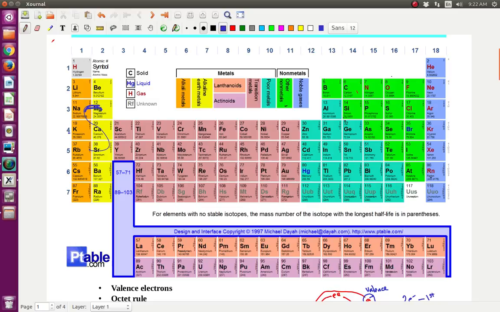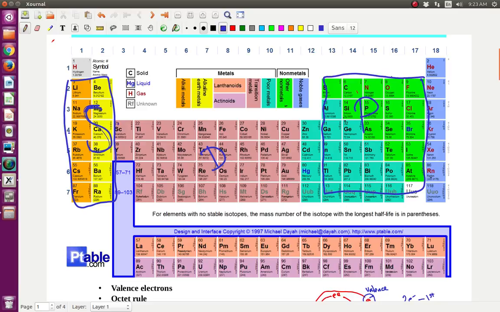The P block is over here, in this area. The S block was over here, groups 1 and 2. So S, P, and then the D block was in the middle, and that's all the transition metals. And then the F block is down here at the bottom.